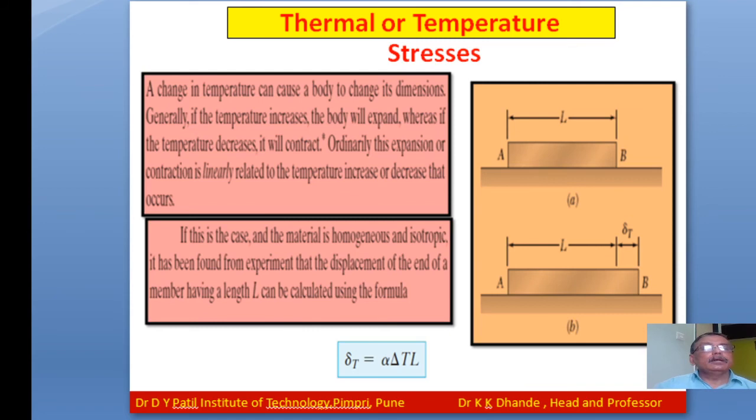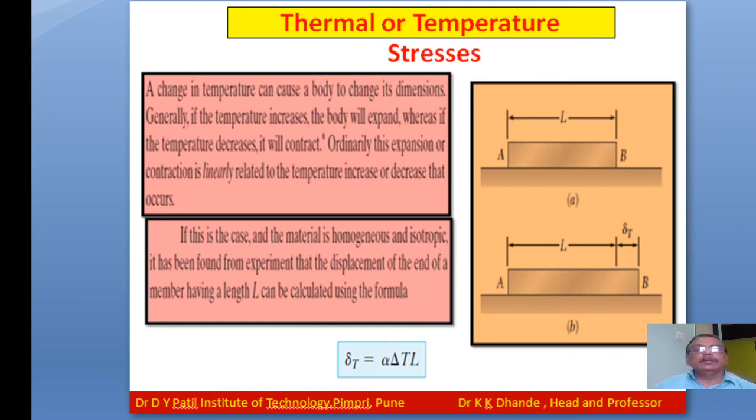Now you may say a change in temperature can cause a body to change in dimensions. Generally, if the temperature increases, the body will expand. This is a property of the material. Whereas if the temperature decreases, it will contract. Ordinarily, this expansion or contraction is linearly related to the temperature increase or decrease that occurs.